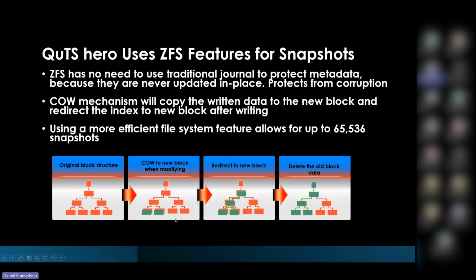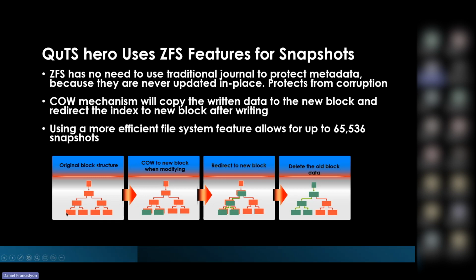And the way this protects your data, I know this is kind of a side note, is if you're writing these new blocks and the write is interrupted, so you have a halfway overwritten block, the original blocks are still there. The file in its original state is still there. This protects you from corruption. That's the number one thing this is for. But the added bonus is because the original blocks are still there, I can always point the metadata pointers back to the original blocks.